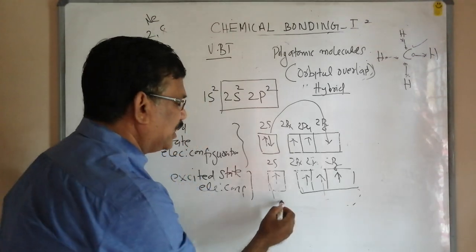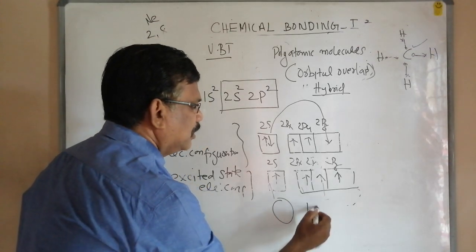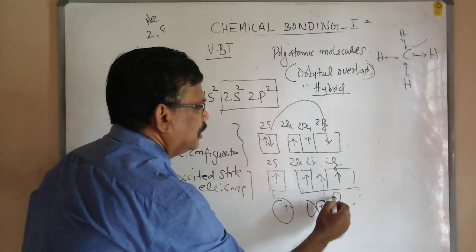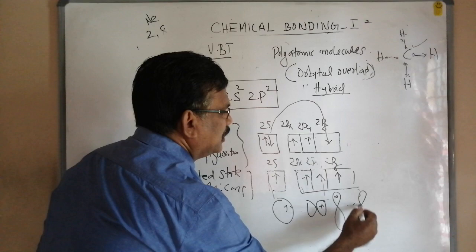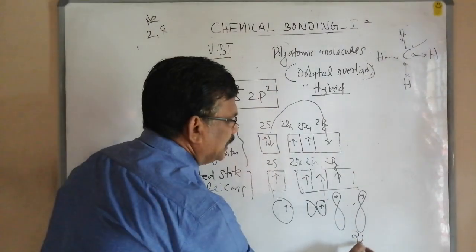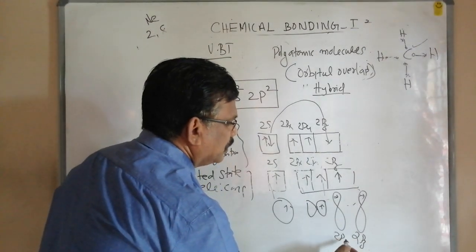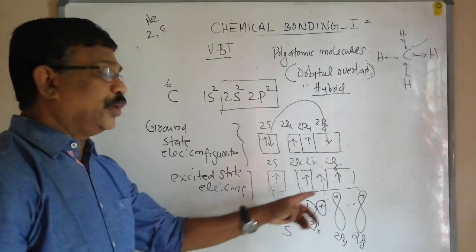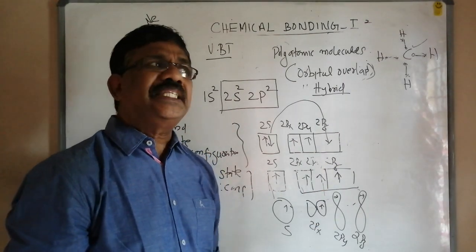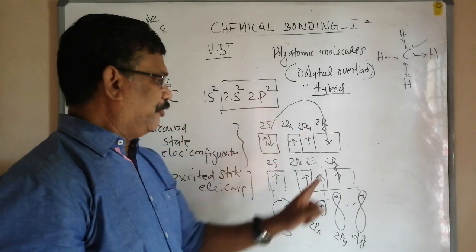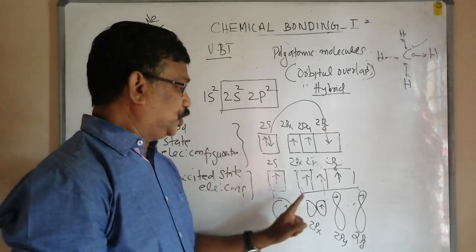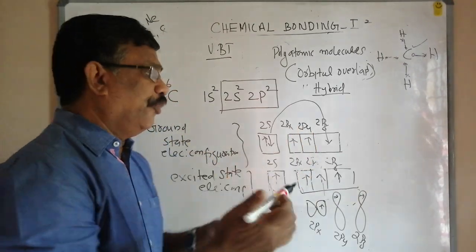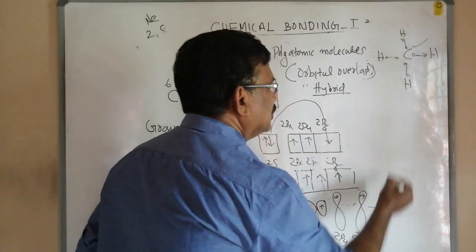The orbitals involved are the spherical 2s orbital, the dumbbell 2p orbitals with one electron each, 2pz, 2py and 2px. These 4 orbitals undergo mixing and produce 4 hybrid orbitals: 1, 2, 3, 4.